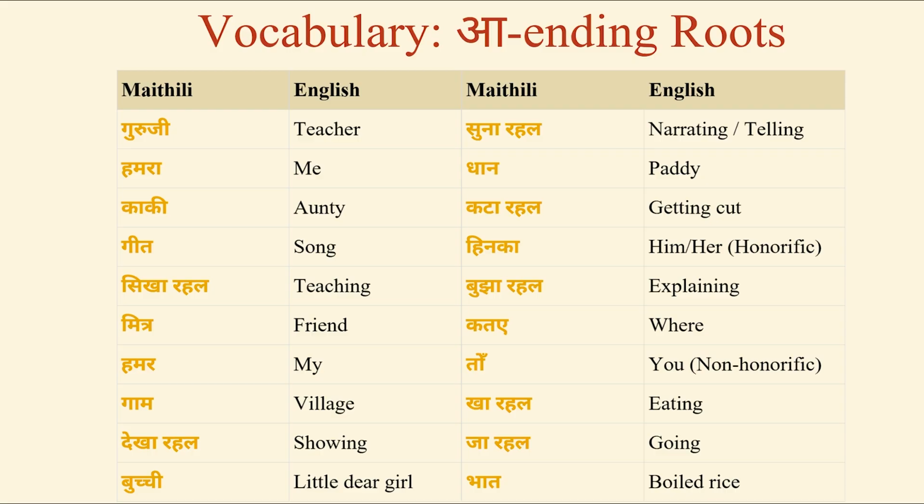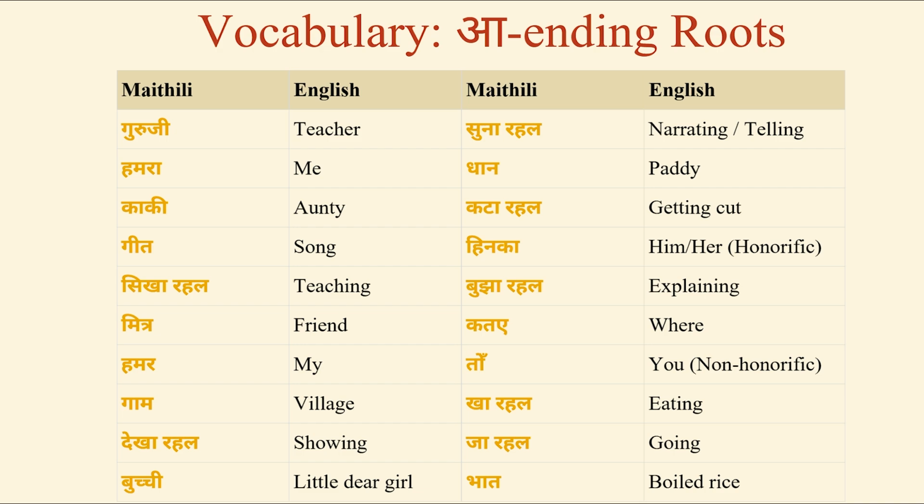Kata rahal again is a continuous form of kata or kite, which is getting cut. Geet is song. Hinka, him, her, honorific, we just saw that. Sikha rahal is again continuous form, teaching. Bujha rahal, explaining. Mitra, friend.